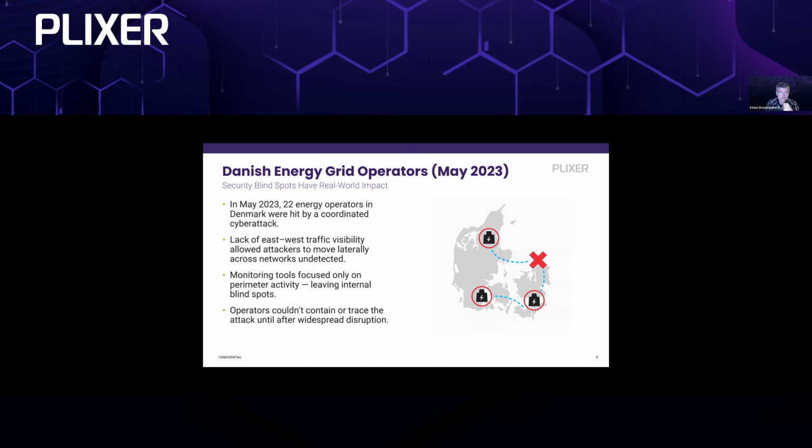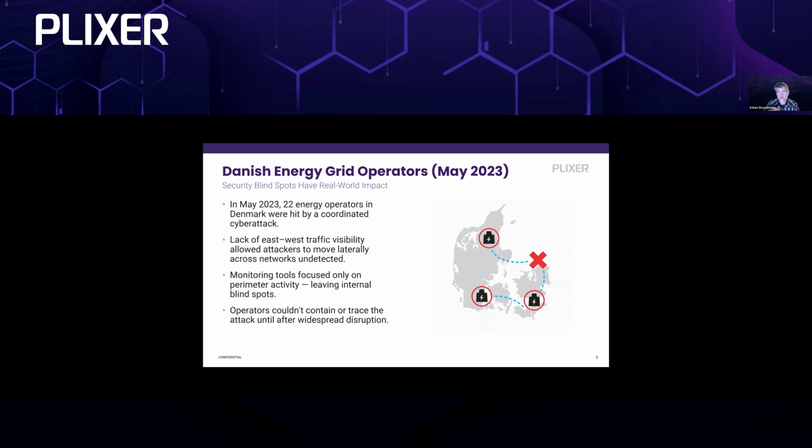So in May 2023, the Danish energy organization had a breach. All said and done, I won't get into the specifics of how it happened. When it was all said and done, the main takeaway was that once the aggressor got in, there was very little tooling available for the Danish Energy Organization to catch, stop, or quarantine the threats.